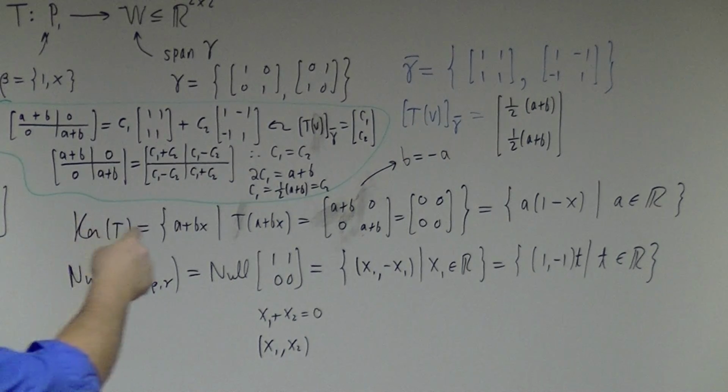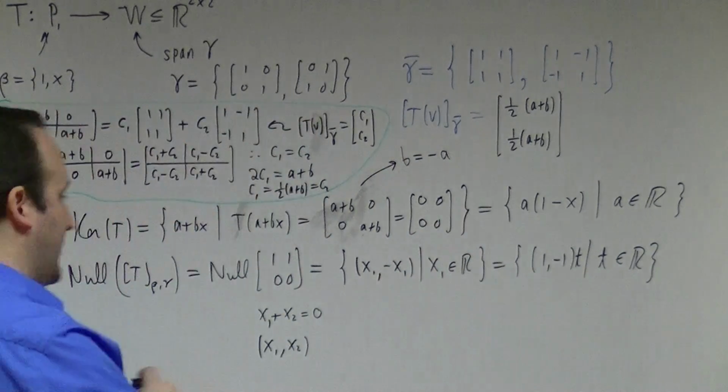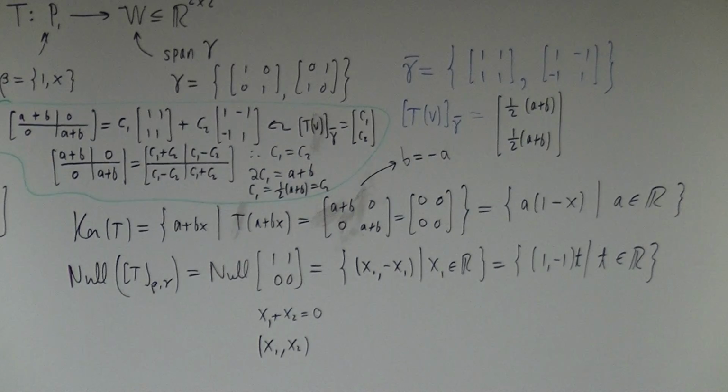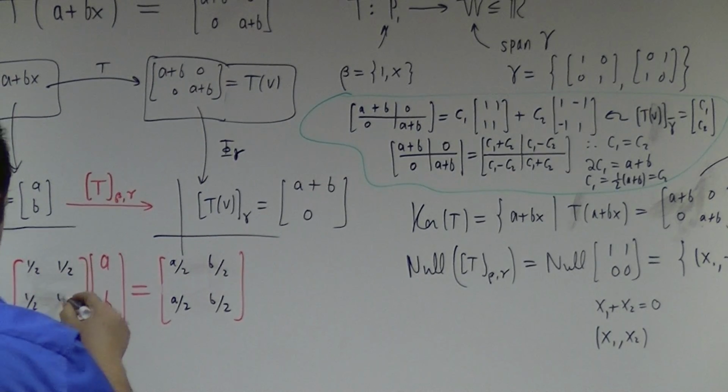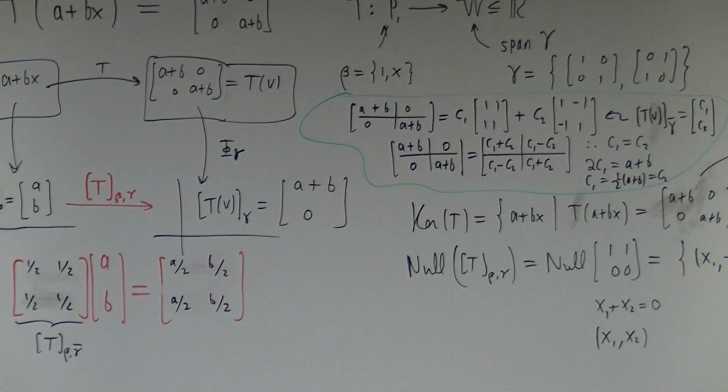T of B gamma bar is A over 2, B over 2, A over 2, B over 2, right? So the matrix here would be what? It's a half, a half, a half, a half. I think it's all halves.